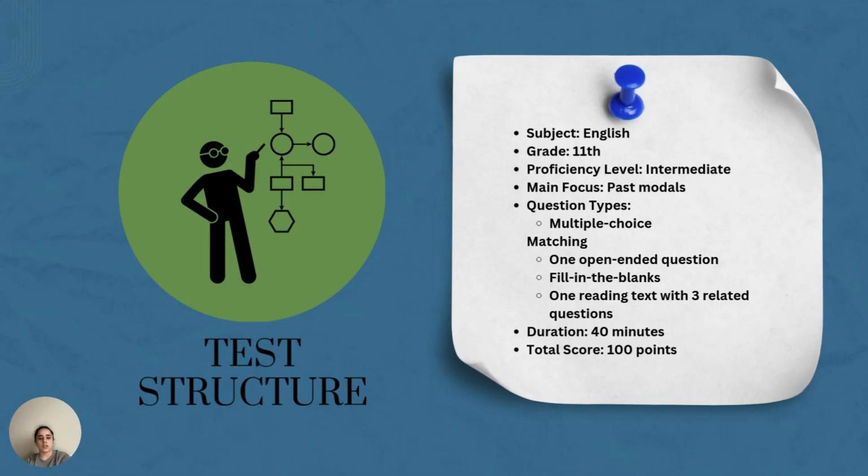The duration is 40 minutes, and the total score is 100 points. I designed an achievement test. The students covered the unit, and the unit includes the past modals for the grammar topic, and some idioms and the other related subjects there.